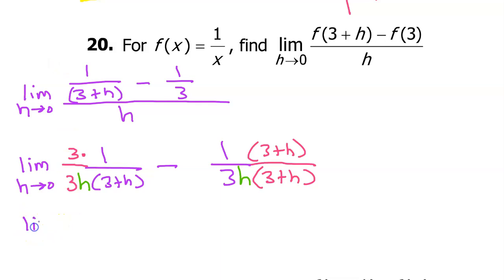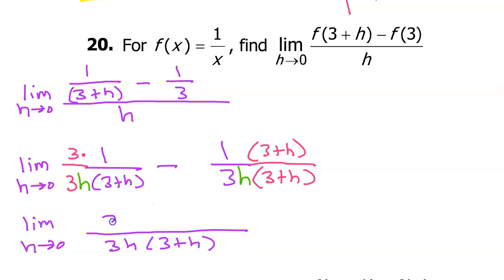So I will now have the limit as h approaches 0 over my common denominator of 3h times 3 plus h. And then in the numerator, we have 3 minus 3 plus h.